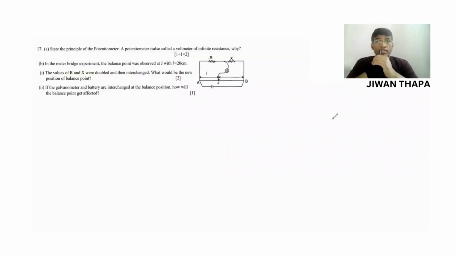Question 17a, state the principle of potentiometer. A potentiometer is also called voltmeter of infinite resistance. Why? Now let us discuss the principle of potentiometer.